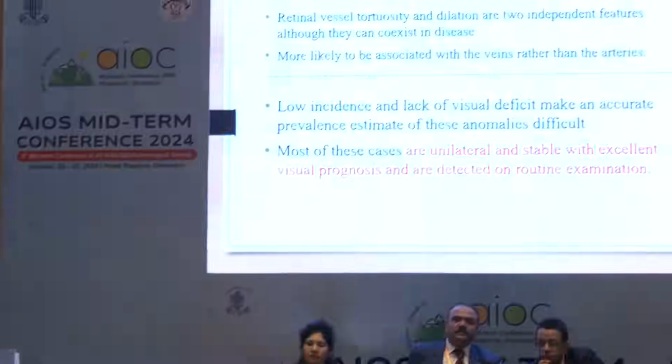When I saw 2-3 of these patients, I wondered, is this fundus normal? There was venous dilatation and tortuosity, and I asked my retina friends, is it normal? Then we did all the examinations to rule out whether it is normal or abnormal.